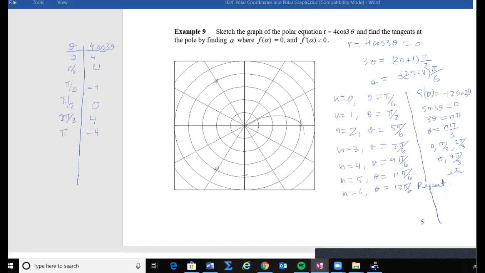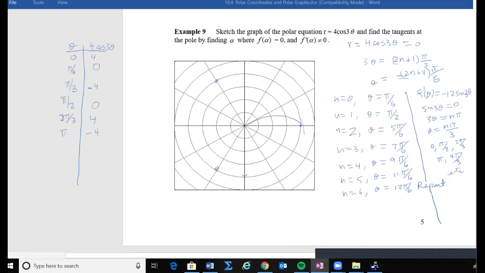Okay, I got a little work done here, just to save some time. Okay, so we've got these. I'll point out what I did. Where are those tangents at? Well, if they occur at these values of theta, 3 theta is the odd multiples of pi over 2. That's where they occur.